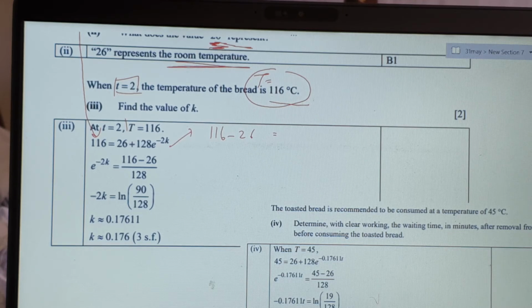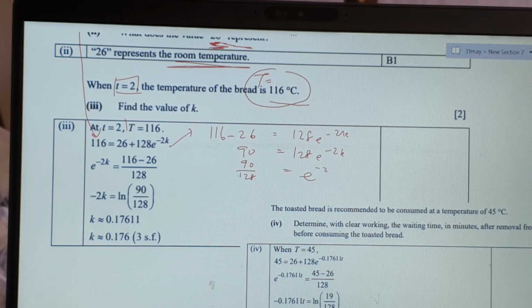Then now here no more 26 already. You are just left with 128e to the power of minus 2k. Then can you take ln both sides yet? Cannot take ln both sides yet. 116 minus 26 will give you 90. Okay? You divide. I write for you so that you are not confused. You divide both sides by 128, so it's like that.